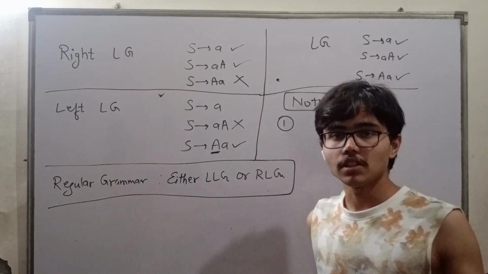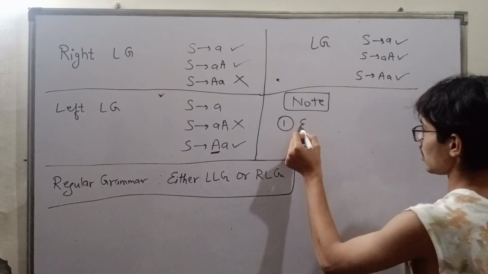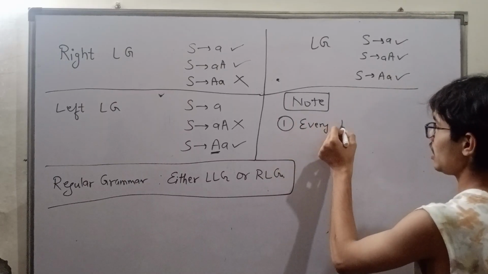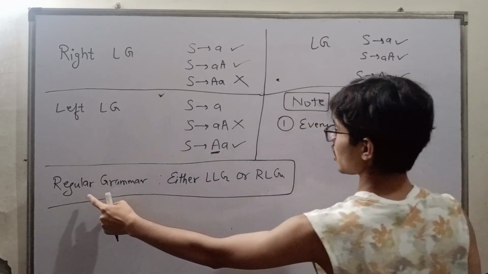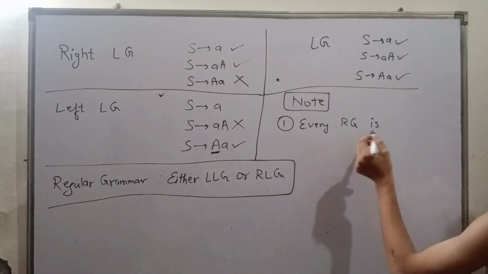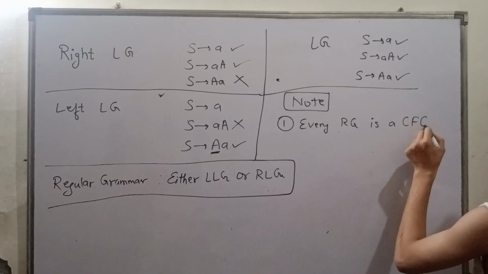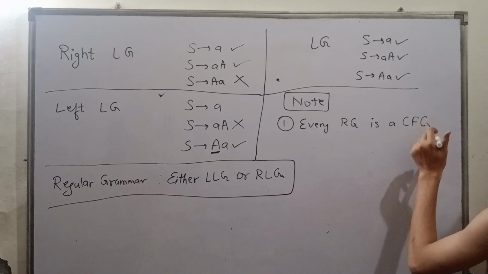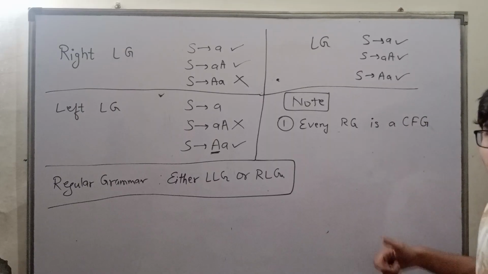Every regular grammar is a context-free grammar. Here I talk about regular grammar. Every regular grammar is a context-free grammar. What do you think about it?